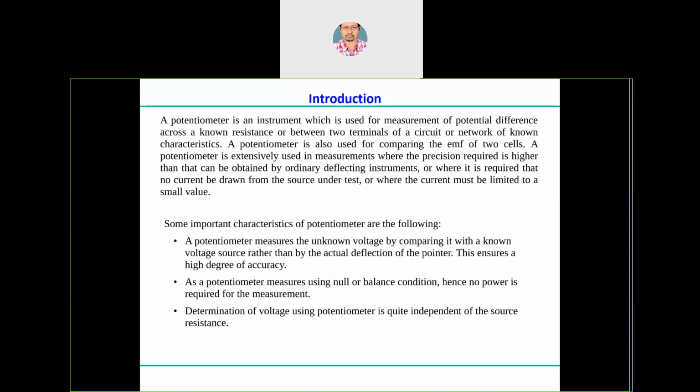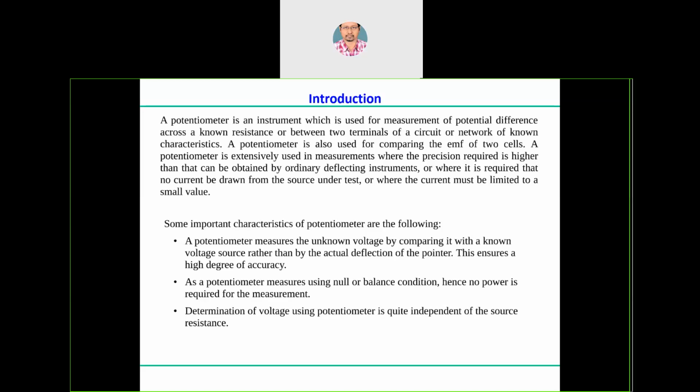Because of this mechanical inertia, it always compromises with the accuracy of the measurement. In the potentiometer, the unknown voltage is compared with the known source voltage, rather than comparing with the actual deflection of the pointer. This activity is not only very simple to handle as a layman, but also ensures a very high degree of accuracy.